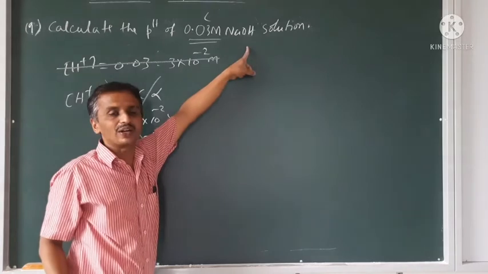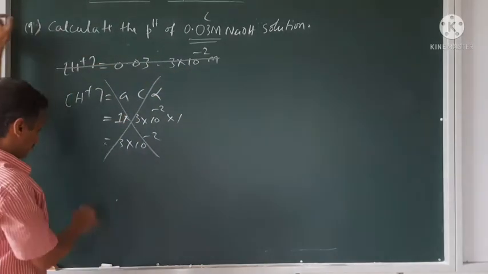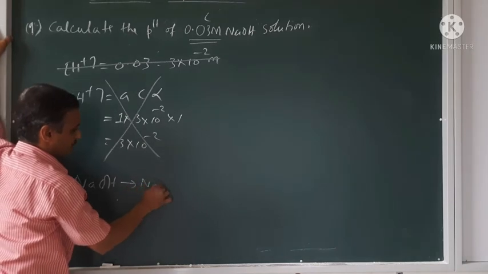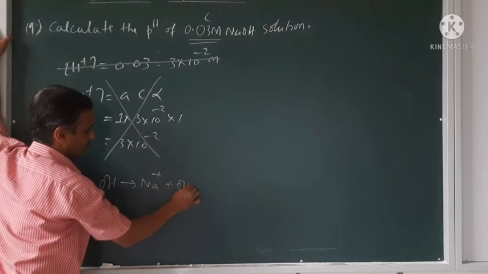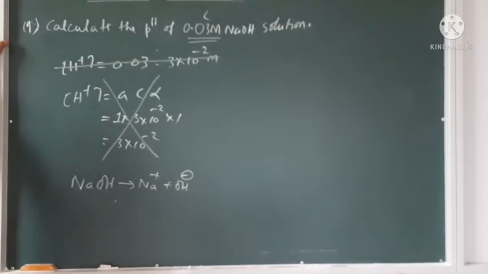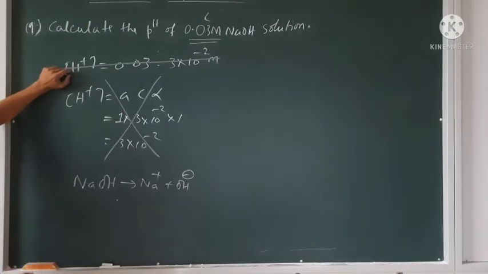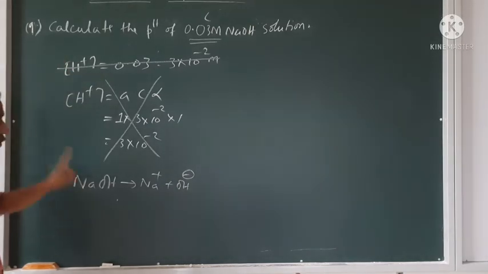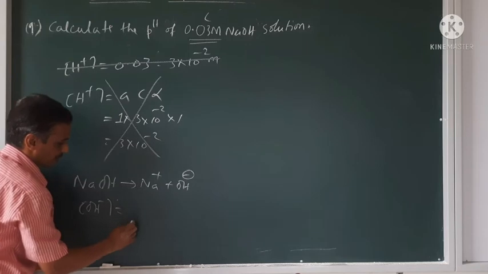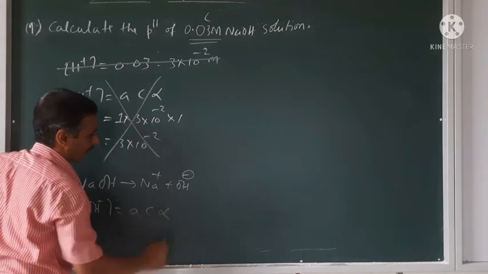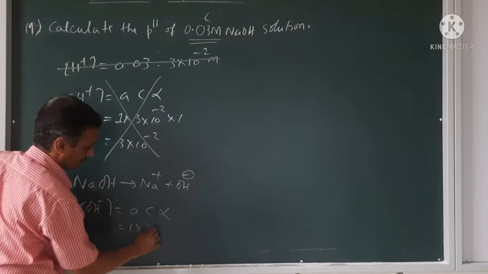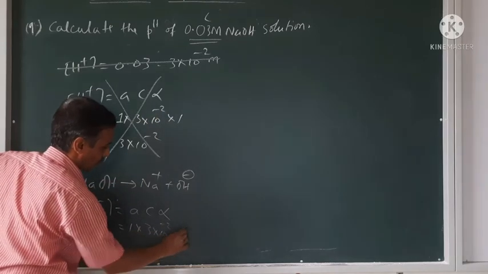See, sodium hydroxide is a base. So NaOH on ionization gives Na plus and OH minus. Since it's a base, it is not the H plus concentration. It is the OH minus ion concentration. OH minus concentration is equal to A into C into alpha, which is equal to 1 into 3 into 10 power minus 2 into 1.